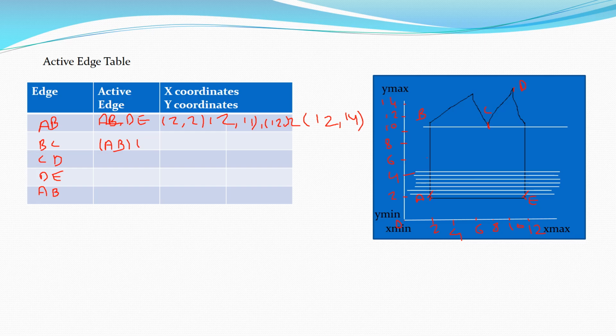So for that we have to take BC as one edge, and then CD. Then we have to take D and E as well. If the scan line encounters a vertex, you have to count that vertex 2 times.